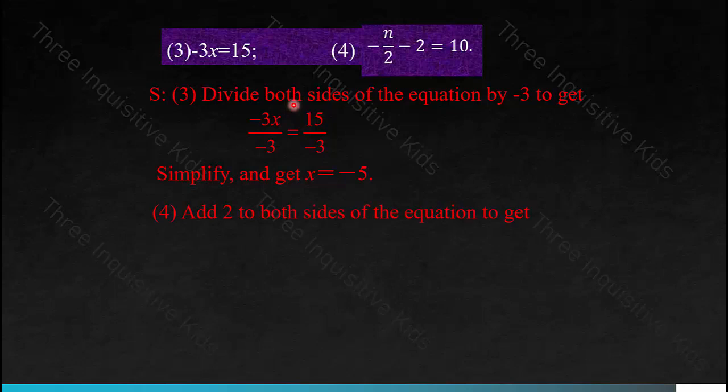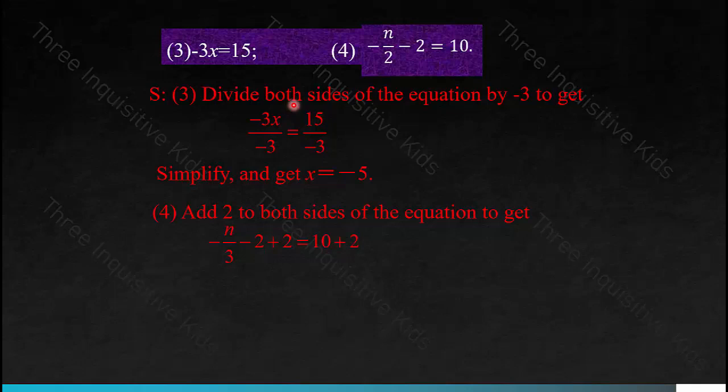For number 4, add 2 to both sides of the equation. Negative n divided by 3 minus 2 plus 2 is equal to 10 plus 2. This is a bit complicated, there are 2 steps to this. First, we want to get rid of the negative 2 on the left side of the equation.